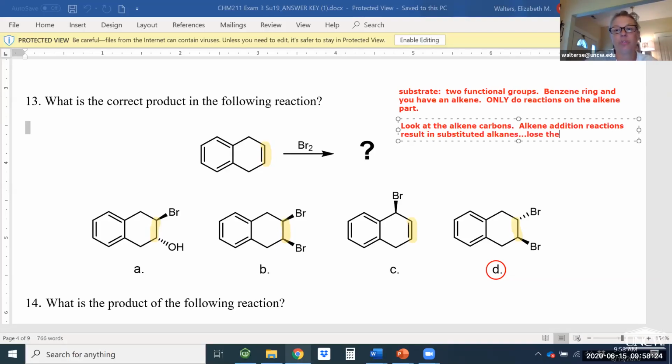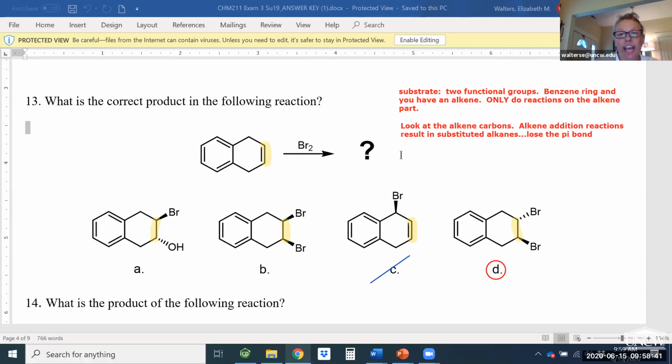You have to lose the pi bond. So if you look down at option C, you're retaining the pi bond. So this is wrong.